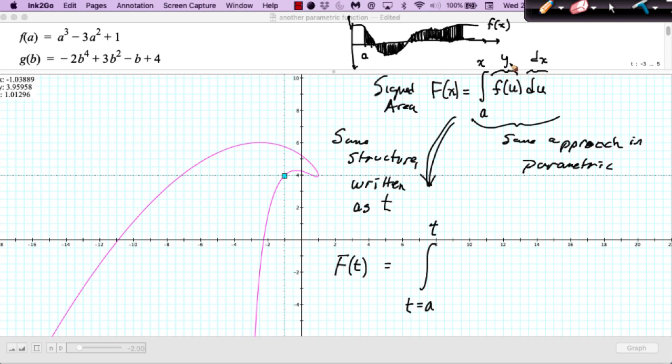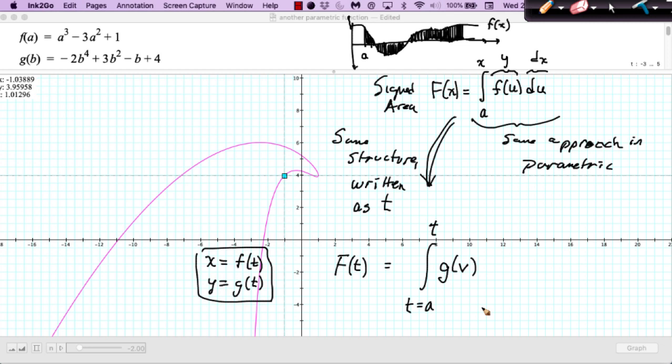What is y in our, so if x is f of t, and y is g of t in our parametric function, then what is y? g of t. But now t is the independent variable, so I need a different variable, right? So g of v, say. So that's the y value, the same as f of u.